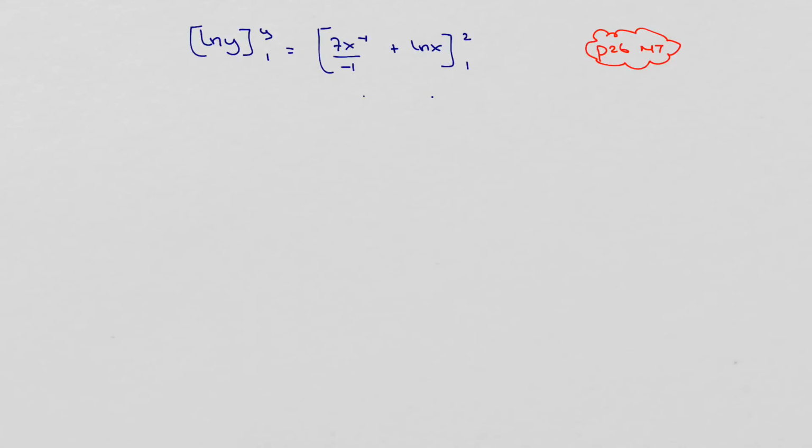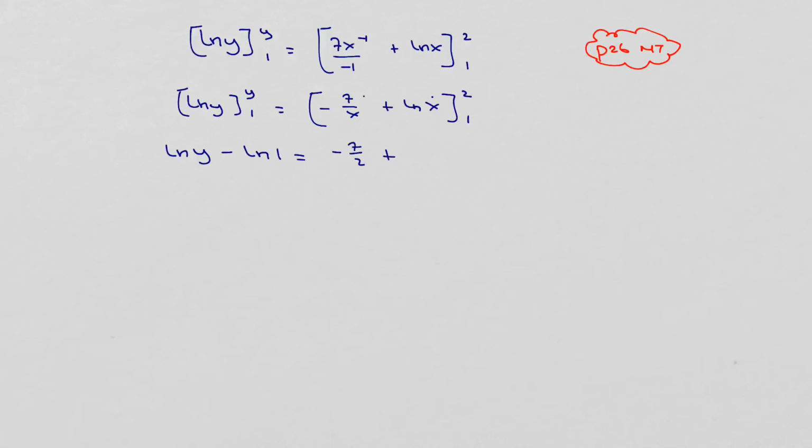So in other words, I have natural log of y, with limits of y and 1. And that's going to be minus 7 over x plus natural log of x, with limits 2 and 1. Okay, so now it's a bit easier to sub in our limits. So remember, when you're subbing in your upper limit, it's then minus your lower limit. So minus 7 over 2 plus natural log of 2, all in brackets, minus, minus 7 over 1 plus natural log of 1.